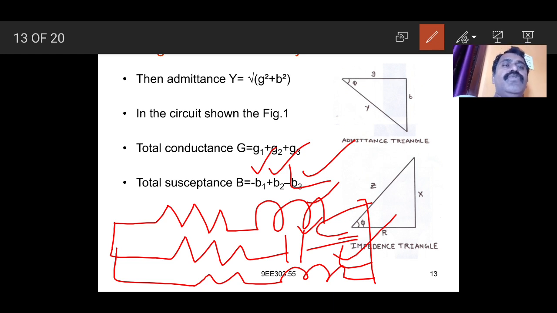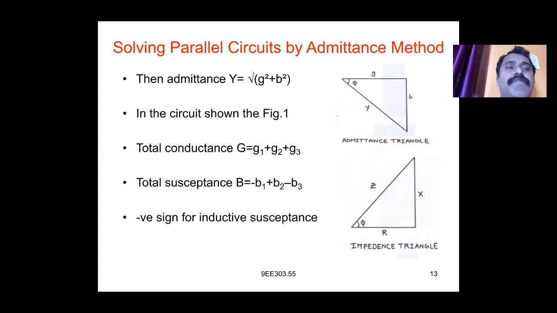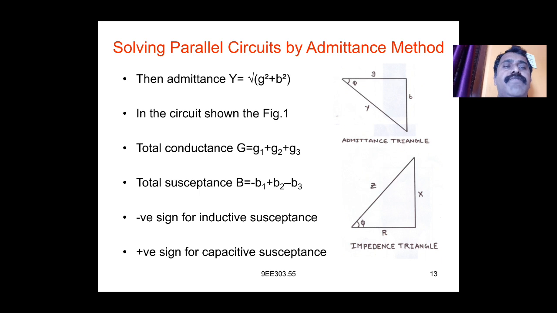So G is equal to G1 plus G2 plus G3. Again we know conductance is the reciprocal of the resistance. So 3 resistances are connected means conductance G is equal to G1 plus G2 plus G3. Negative sign for the inductive susceptance, positive sign for the capacitive susceptance.